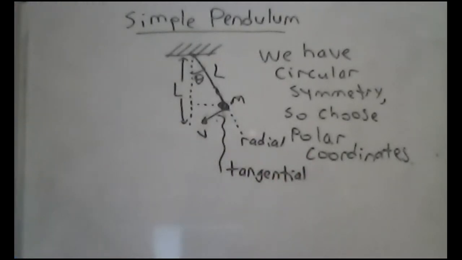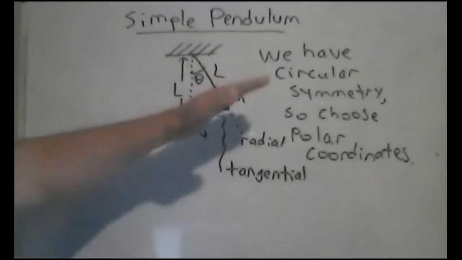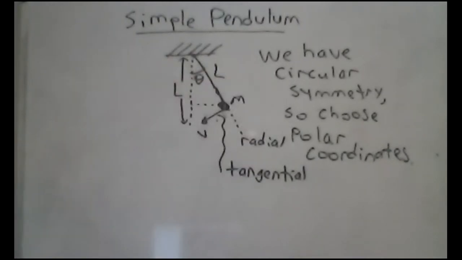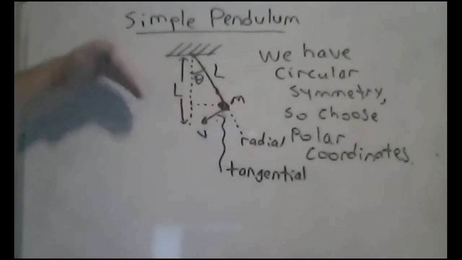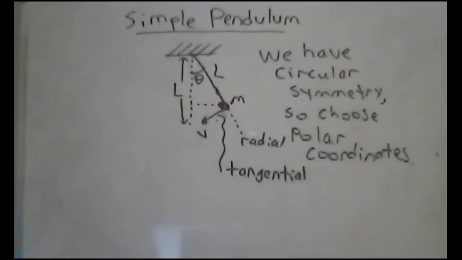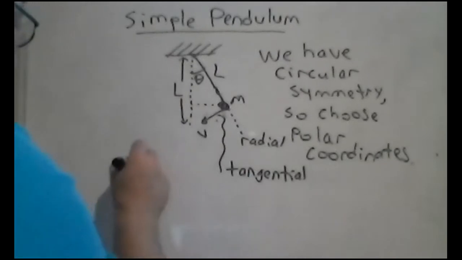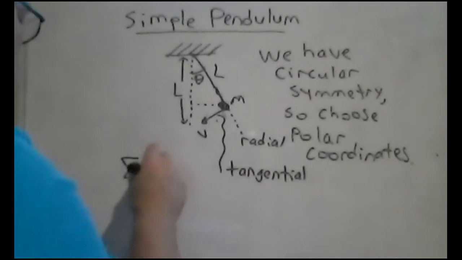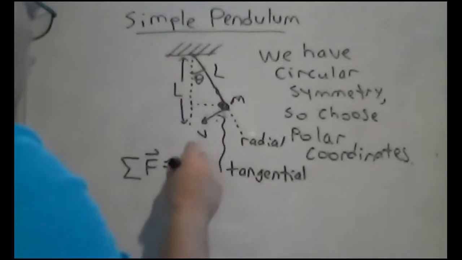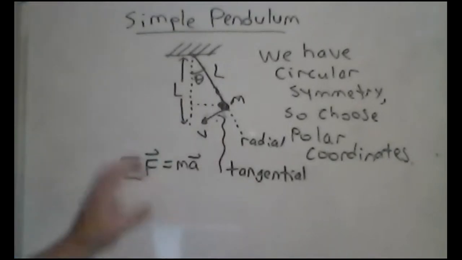If I try to do Newton's second law in the radial, well, the object isn't moving in the radial. The object is only moving in the tangential. When I say the sum of all forces is mass times acceleration, this is a general vector law. It's a vector equation. It is agnostic to any coordinate system. When I choose a coordinate system, that is where I will be specific and write Newton's second law in each of the coordinates that matter.